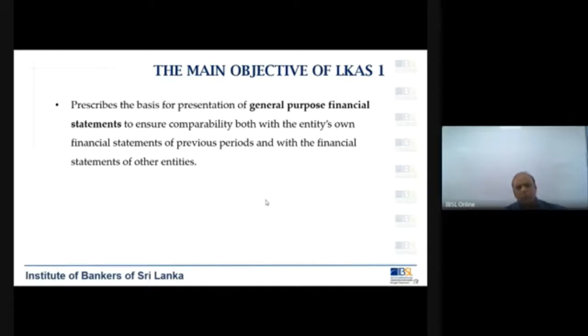Then you might want to compare with your competitors. Say if you are ABC Bank, then you want to compare your financial statements with PQR Bank. Both should be preparing financial statements which are in a similar form so that you can compare. The third aspect is that you can compare across industries.